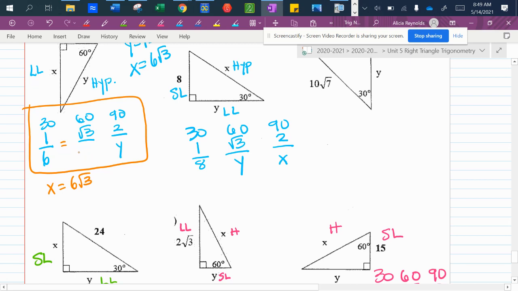So then if x equals 6 root 3, when I cross multiply again, I get y root 3 equals 12 root 3, because 2 times 6, and then divide. So I just get 12.